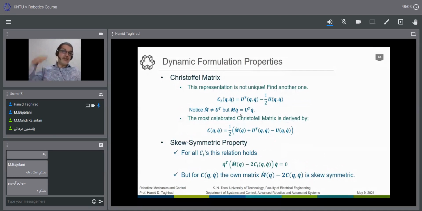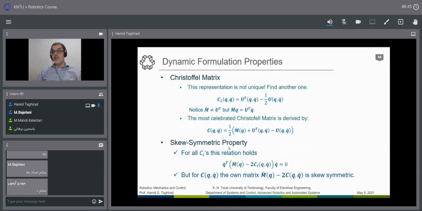The third one, of course, we have 400 to 400 different Christoffel matrices, but the third and the most useful and most celebrated Christoffel matrix is if we use M dot plus U transpose minus U. We don't have any 1/2 here. M dot plus U transpose minus U. This mathematically needs more manipulation, but this is much better in terms of matrix properties.